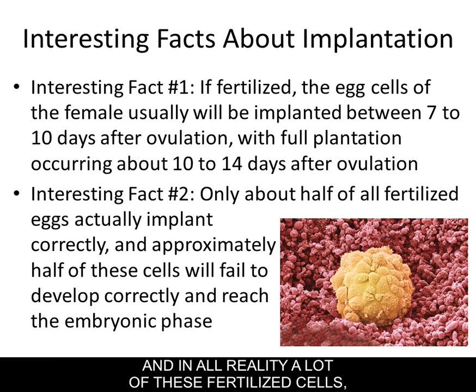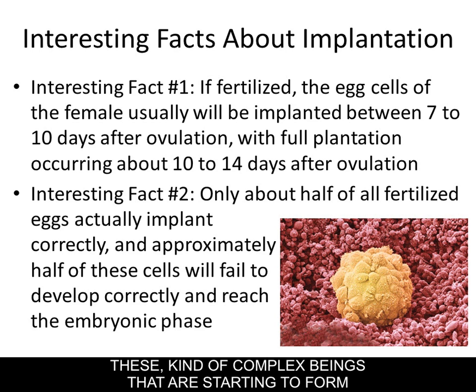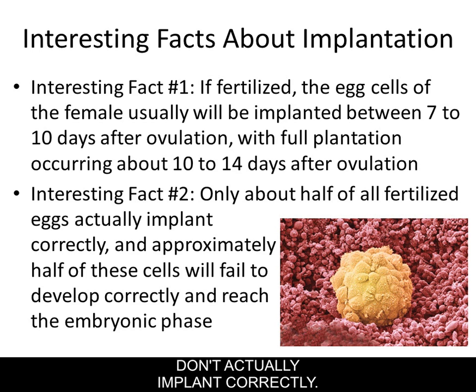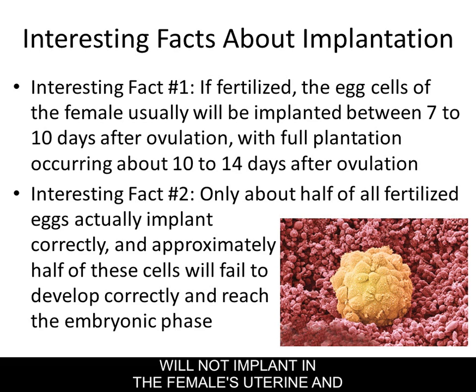And in all reality, a lot of these fertilized cells, these kind of complex beings that are starting to form, don't actually implant correctly. In fact, about half of all fertilized eggs will not implant in the female's uterine and will not be carried to term.